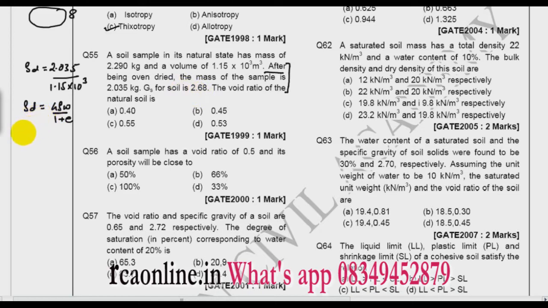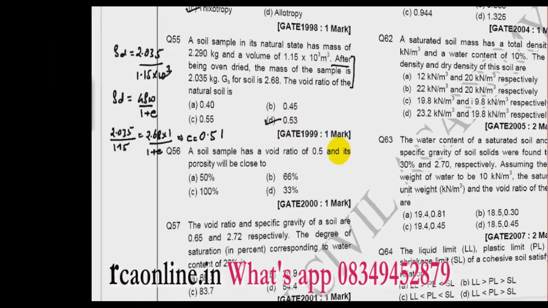So if you put it like this, I am removing the common factor because I will put rho W equal to 1. So 2.68 × 1 divided by 1 plus e. If you solve this, you will get e equal to 0.51, and which is the nearest answer? It is 0.53. So D is the right answer.